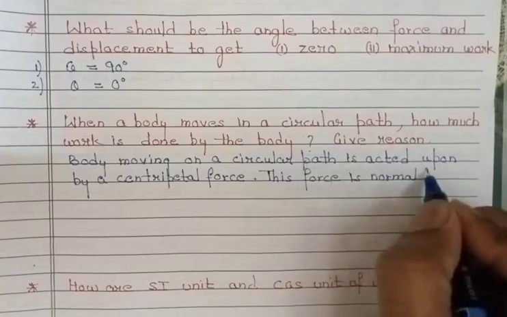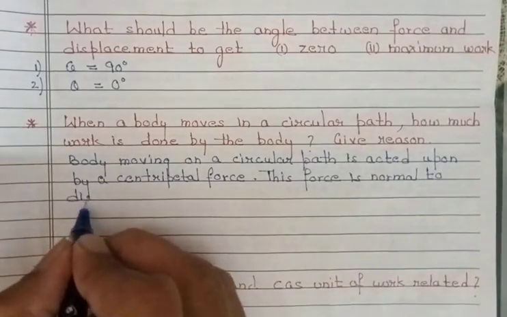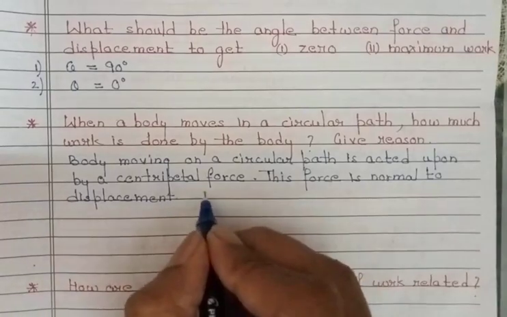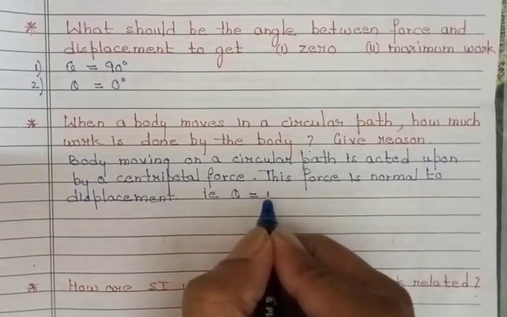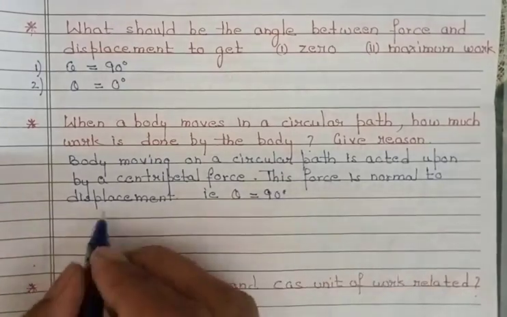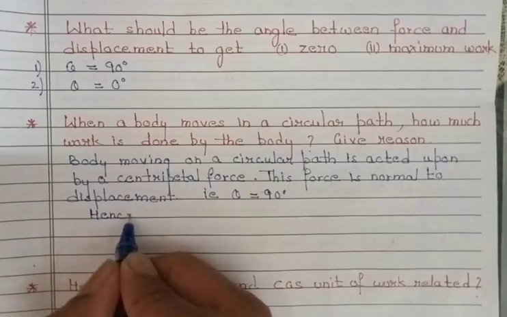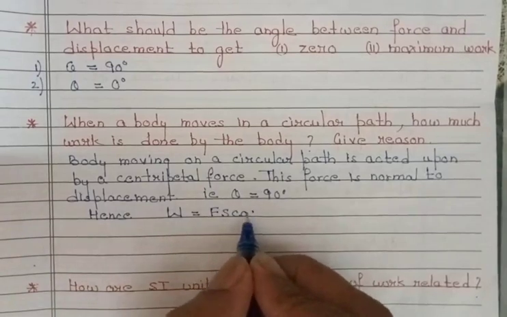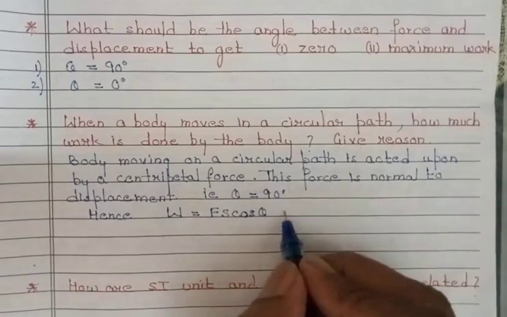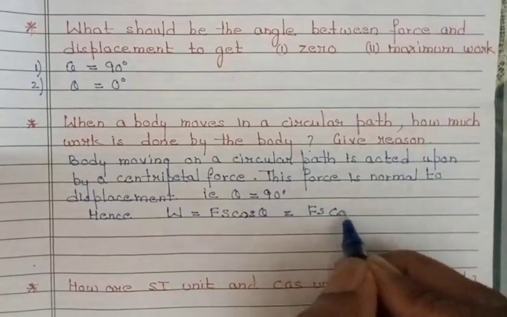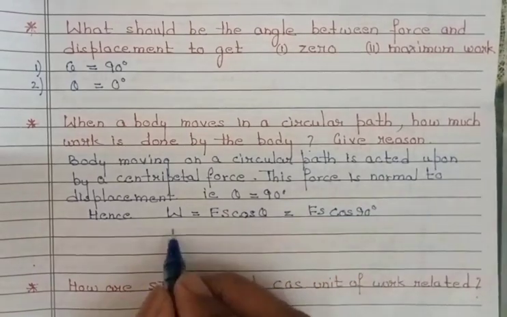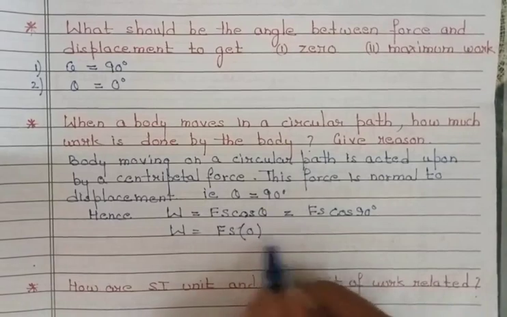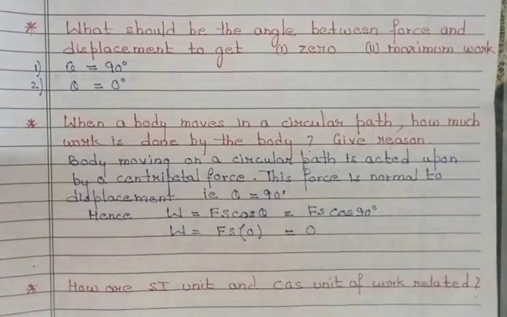In other words, theta here will be 90 degree. Now let's calculate the work done. Work is equal to Fs cos theta, right? So we can put Fs cos 90. Fs cos 90 is 0, so the work done will be 0.